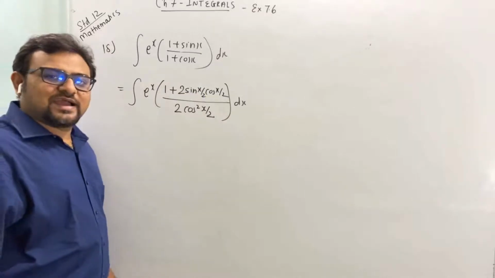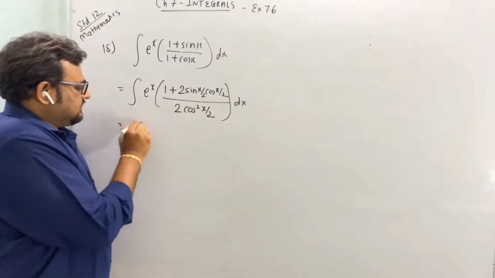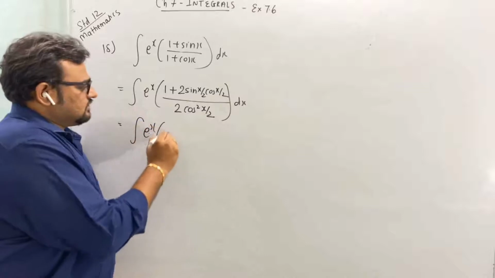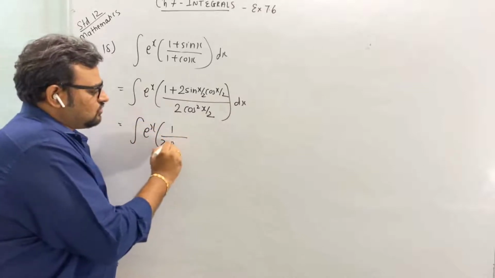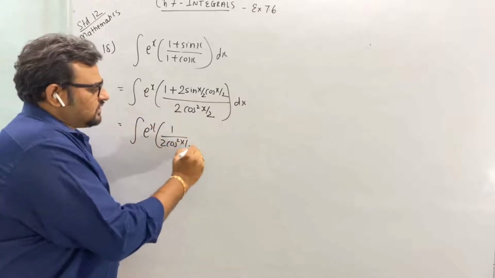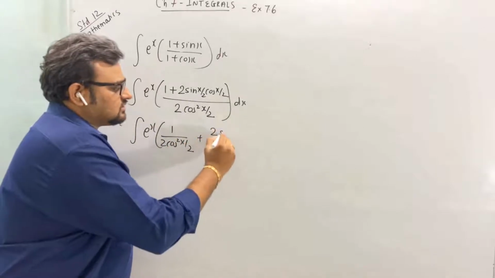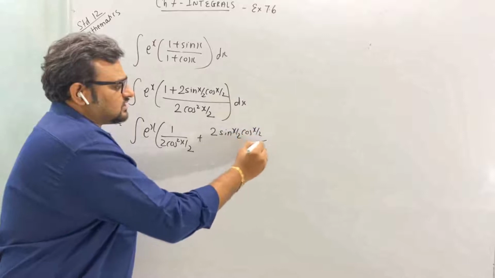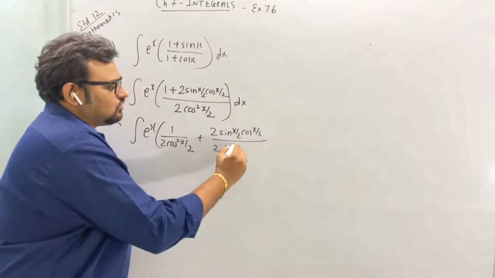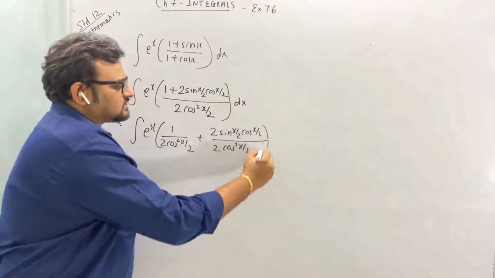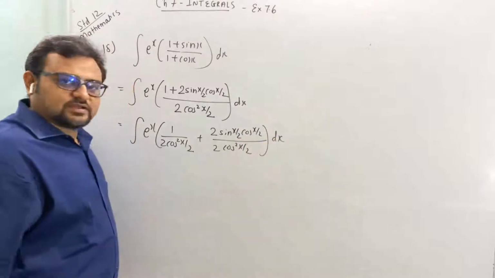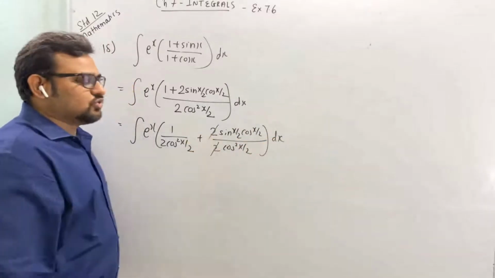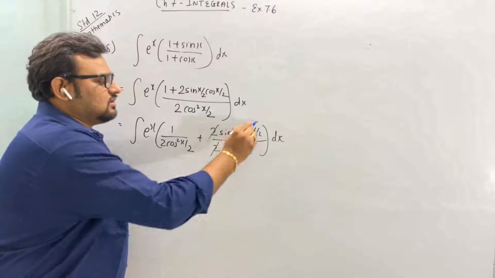Okay, now I can split it. 1 by 2 cos square x by 2 plus 2 sin x by 2 cos x by 2 upon 2 cos square x by 2 dx. Okay, 2 gets cancelled.